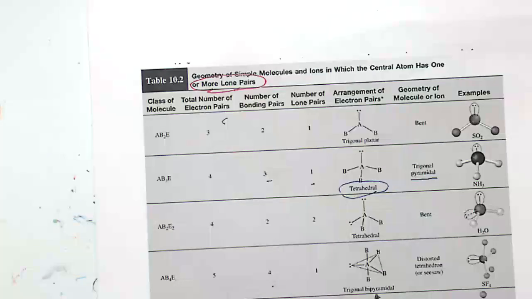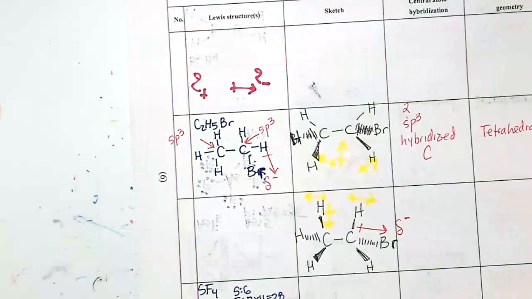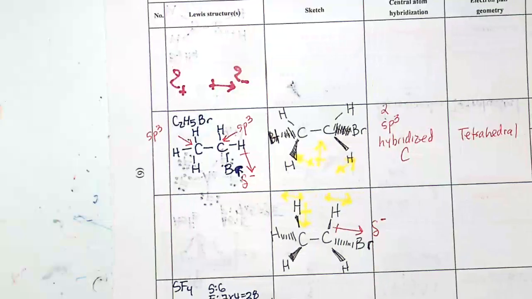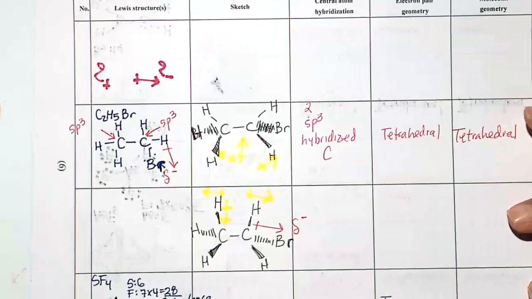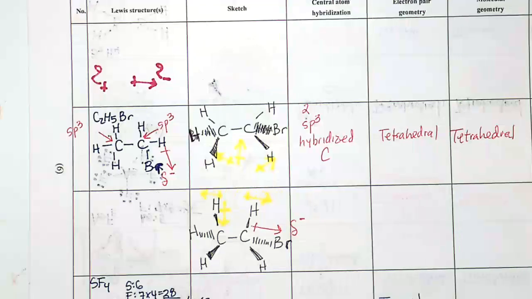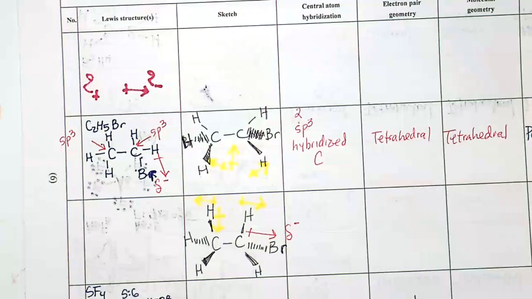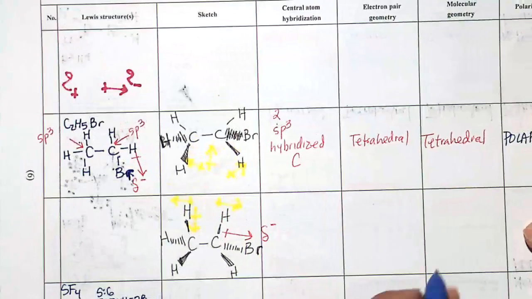It's not trigonal bipyramidal. That's what would happen if we did not have the lone pair. This is 4 bonds, a seesaw or distorted tetrahedron. Seesaw.